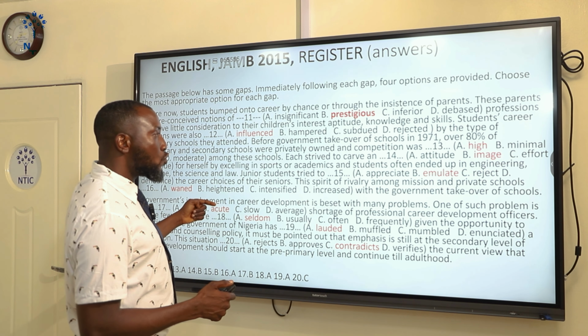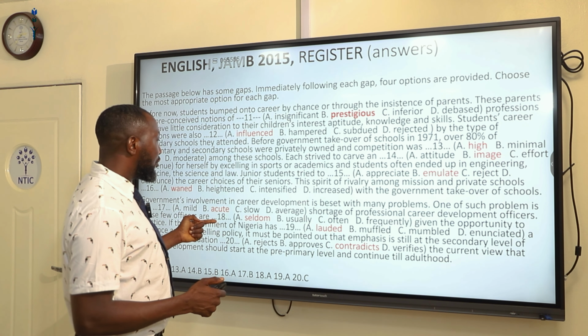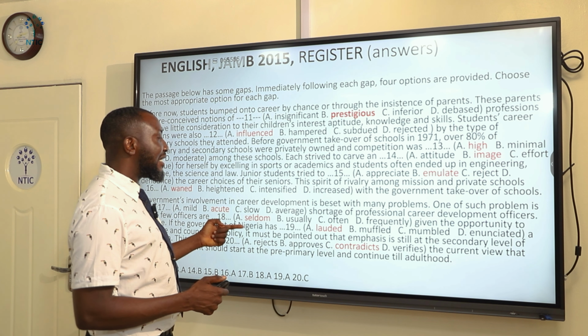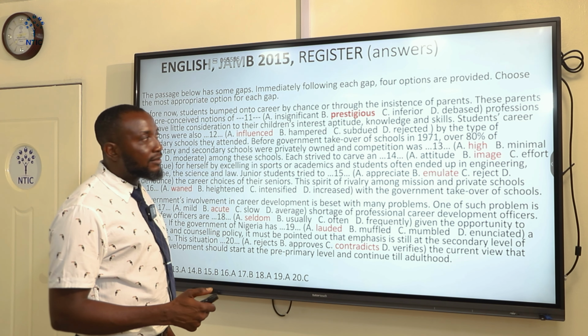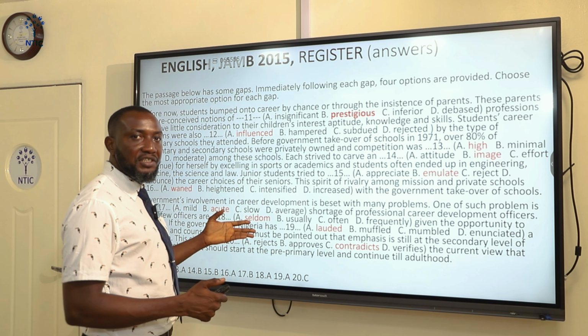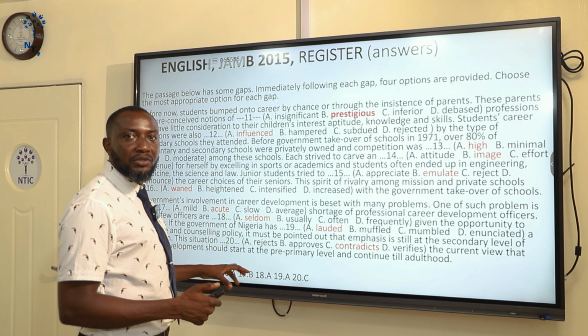Number 16, waned. Number 17, acute. Number 18, seldom. Number 19, lauded. 20, contradicts. So, these are the appropriate registers to be used in this passage. Let's move on.